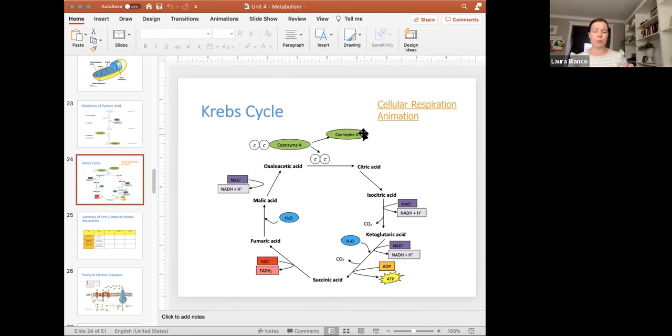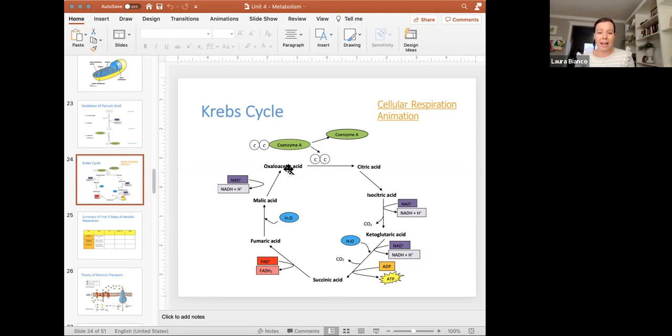Nothing else happens to it. So it drops off the acetyl group. The acetyl group combines with oxaloacetic acid, and that produces citric acid. So that is the first acid that gets produced in the Krebs cycle. And that's why this cycle is also sometimes known as the citric acid cycle.